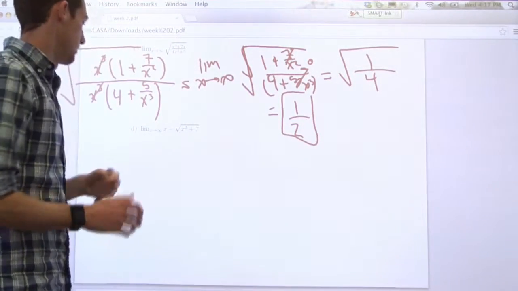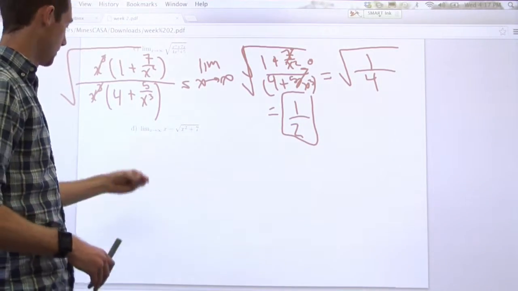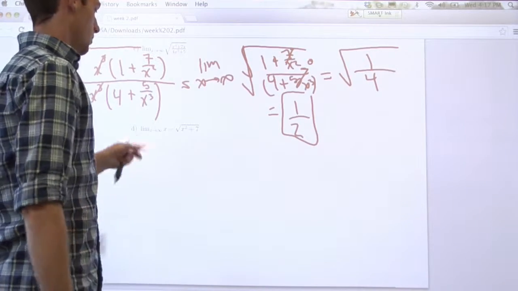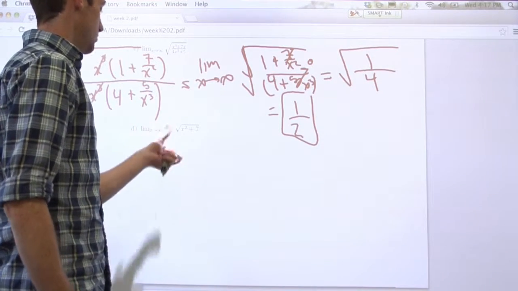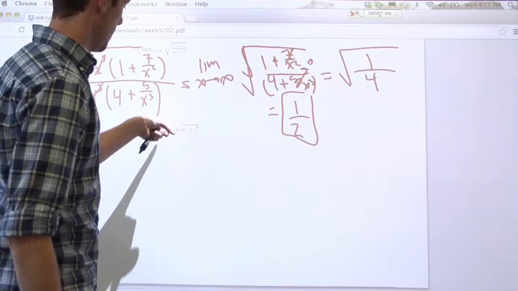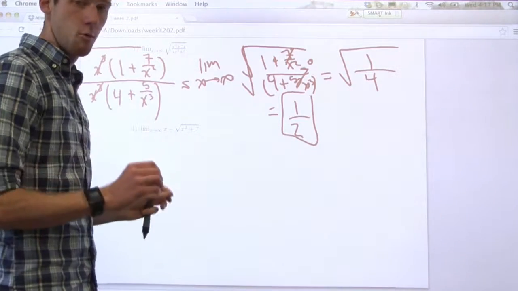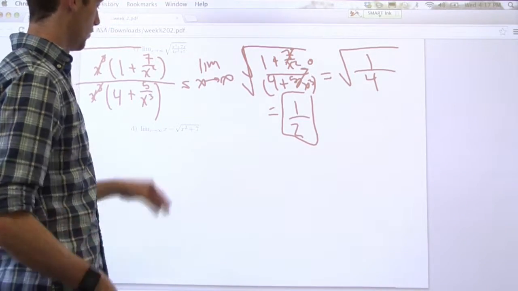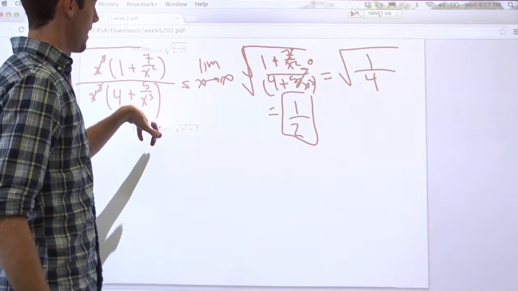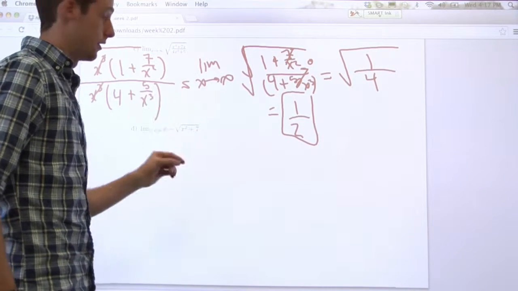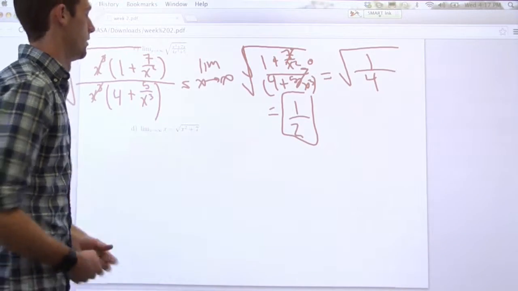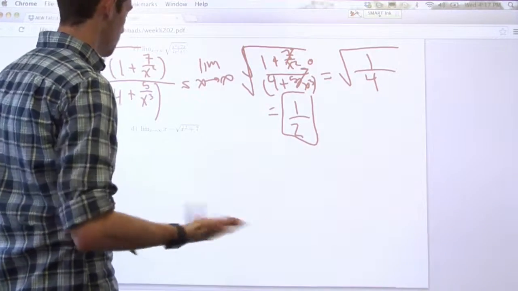Okay, so now we'll move on to part D. Same thing, x going to infinity. What you see here is you're going to want to use the conjugate. Make sure you multiply by 1 so that you're not actually changing anything. So I'm going to multiply this, x minus the square root of x squared plus 7, by x plus this quantity over x plus that quantity, so it's just multiplying by 1.